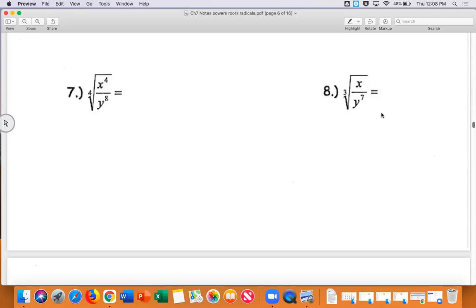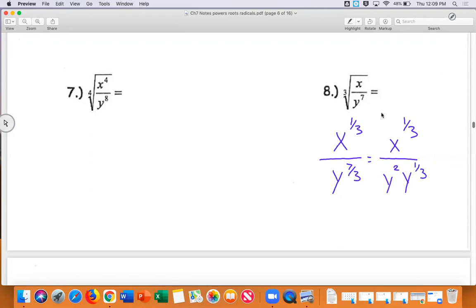Yesterday when we were working through number 8, we reversed that and flipped it up, and we got x to the 1/3 over y to the 7/3, right? We couldn't do anything with the numerator, so we just left that. But the denominator, notice we could do something to it. 3 goes into 7 2 times, and then we had 1 left over.